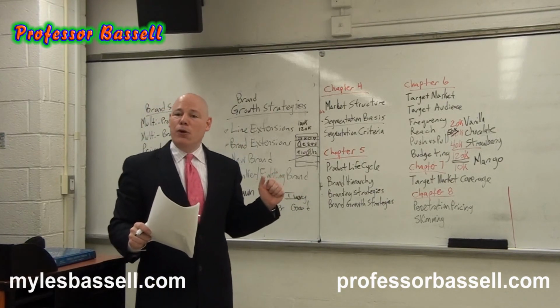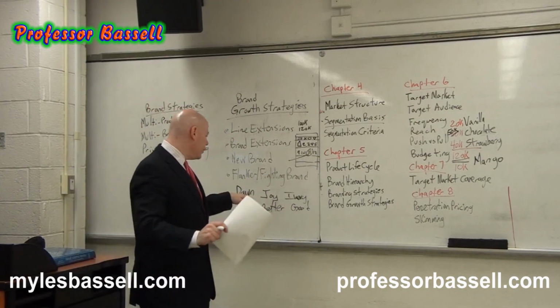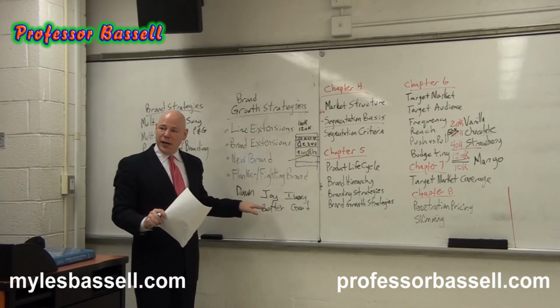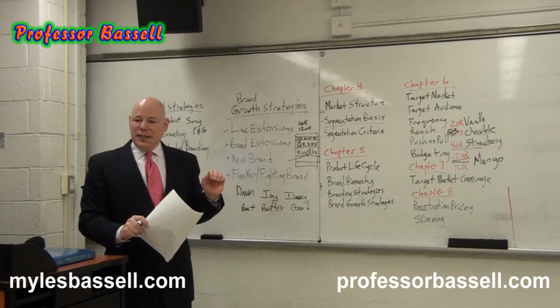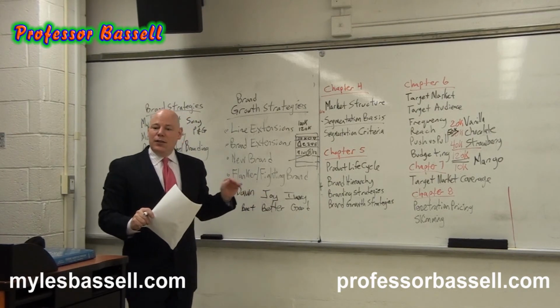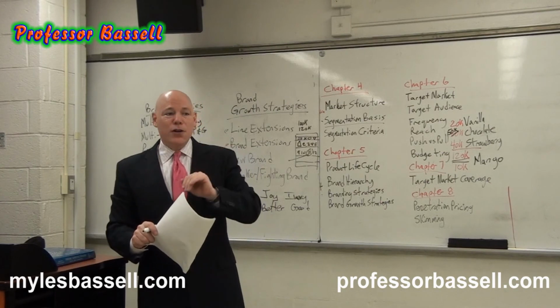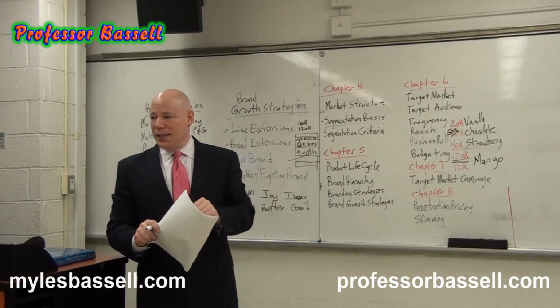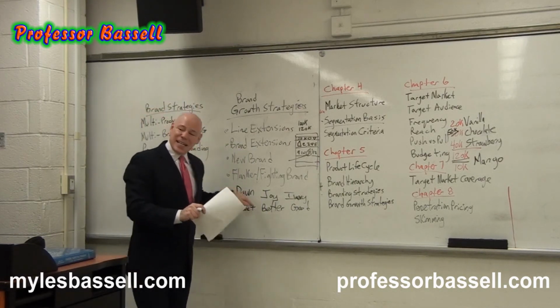So that's an example of a flanker brand. Introducing Joy is a flanker brand. They realize that they need to introduce a new brand that can preempt competitors cannibalizing their sales. So they introduce a new brand into an existing category.